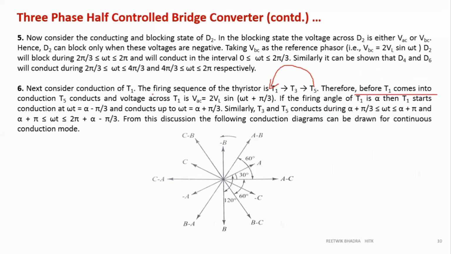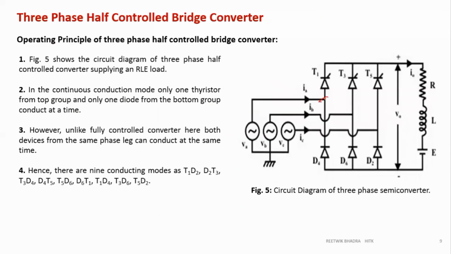So what will be the voltage across T1? VAC. If this is my point A, and T5 is conducting, what will be my voltage over here? C. So if I connect a voltmeter over here, it will measure VAC, the potential difference across these 2 points.